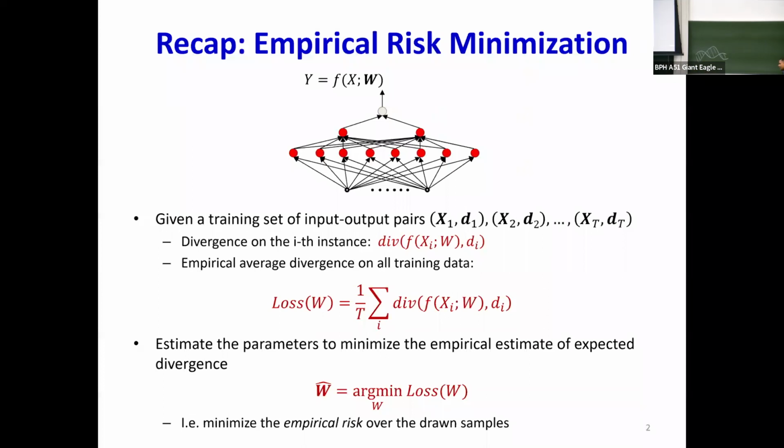So what we do instead is collect a bunch of training instances. And for each of these training instances, you have the error between what the network captures and what you want the network to capture. And so you minimize the average sum of all of those lengths. That is the average divergence. That is what we call the empirical risk.